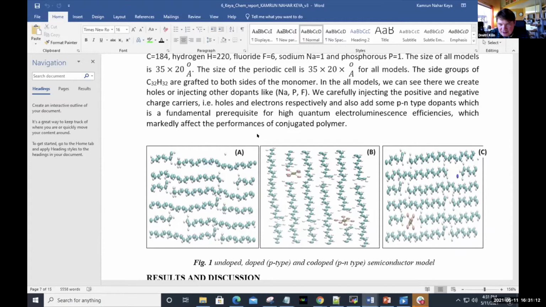Maybe let's ask Amir. Amir, would you please share your guess? I hope it is correct. So N-type doping is when the system is negatively charged. If I'm not wrong, N stands for negative.